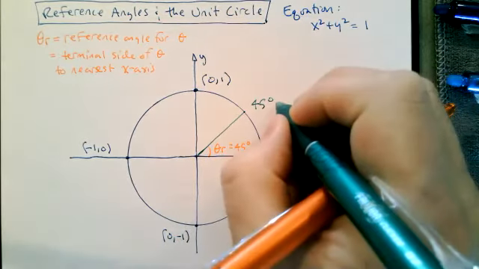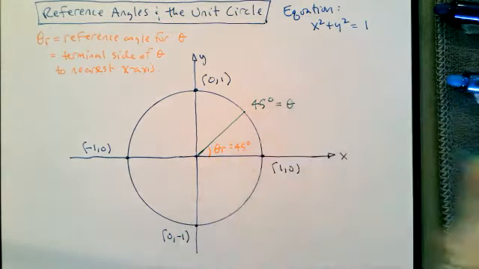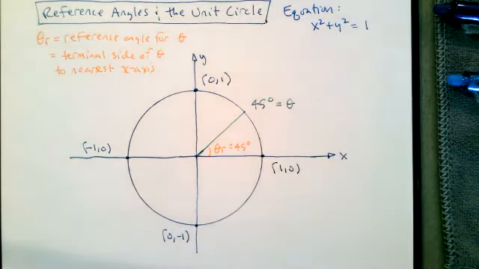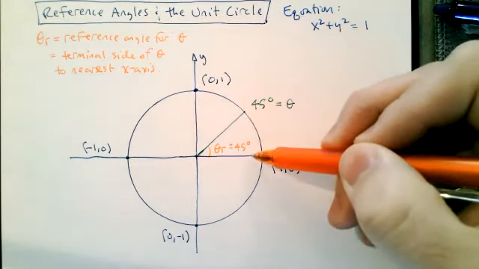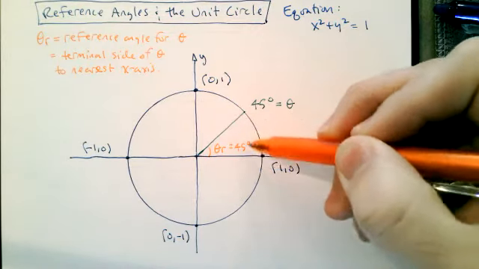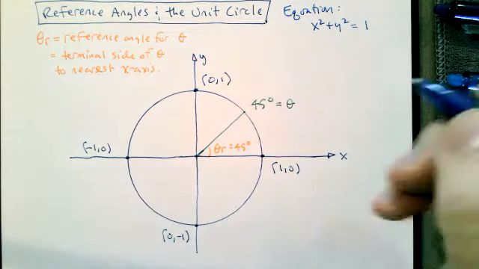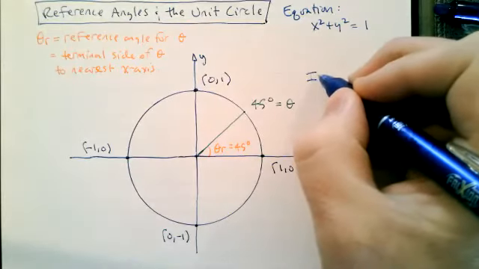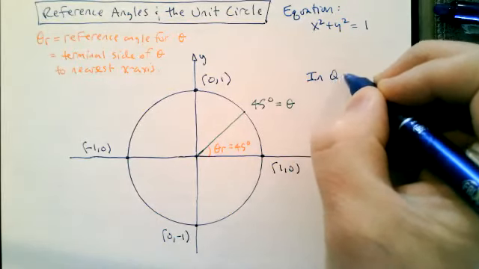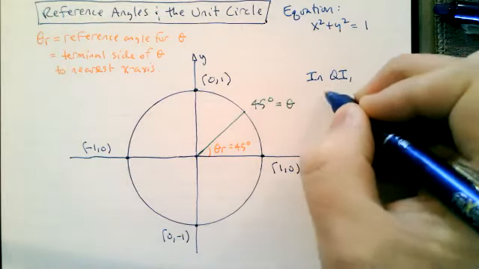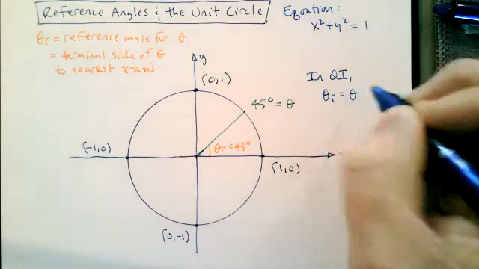So if theta is 45 degrees, then the reference angle is 45 degrees. 45 degrees is in the first quadrant, so we drop down to the nearest x-axis, and that is where we find our reference angle. In the first quadrant, theta r is just equal to theta. So in quadrant 1, theta r is equal to theta.